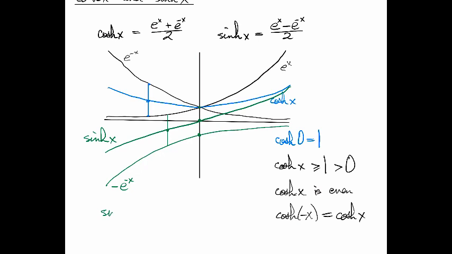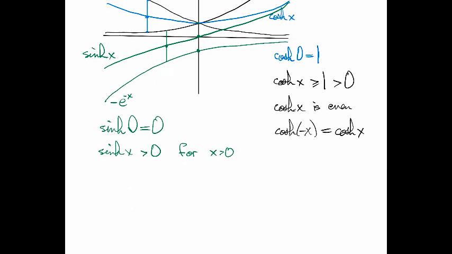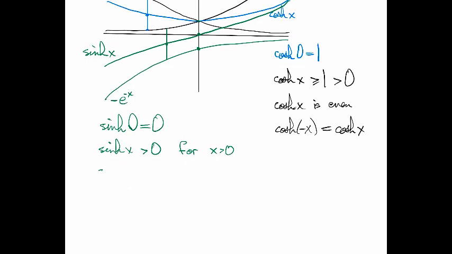Okay, so there's sinh of x. So we see that sinh of 0 is equal to 0. And we see that sinh x is greater than 0 for x greater than 0 and increasing, and also that sinh x is negative for x negative, and it decreases as you go to negative infinity.